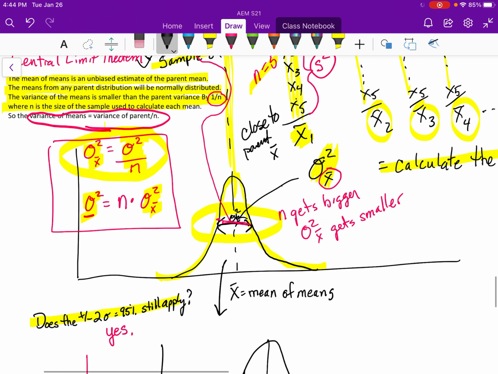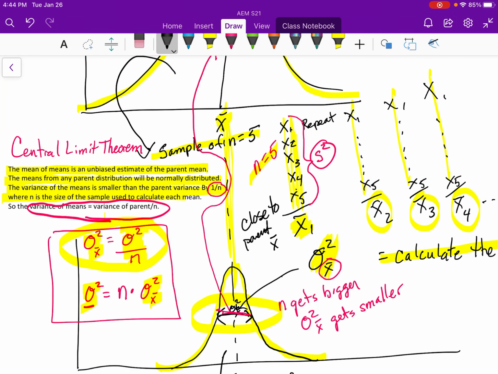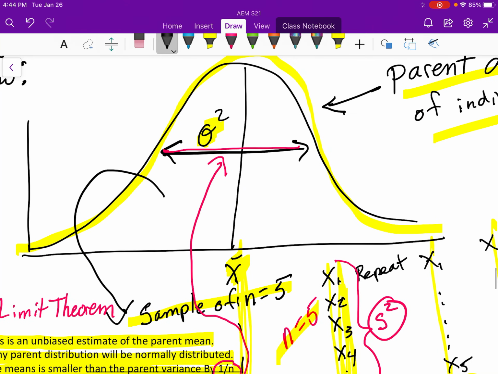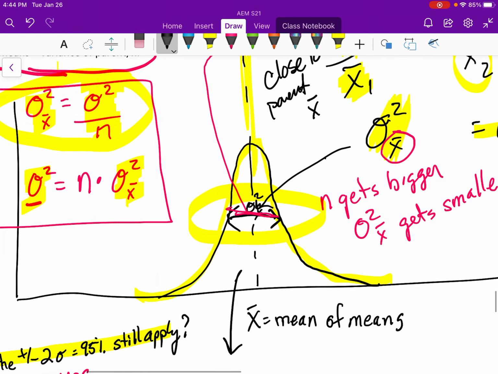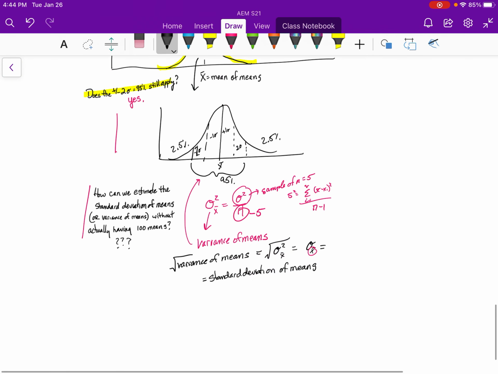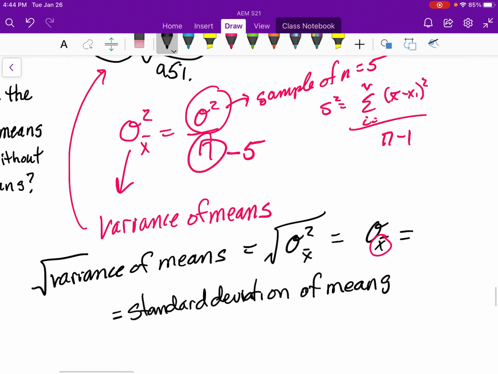One, remember, is the variance of these samples here, of the means, and the other was the variance of these points in the parent distribution, which is just called the standard deviation. For that reason, people renamed this value. They got rid of this name, and they called it the standard error of the mean.